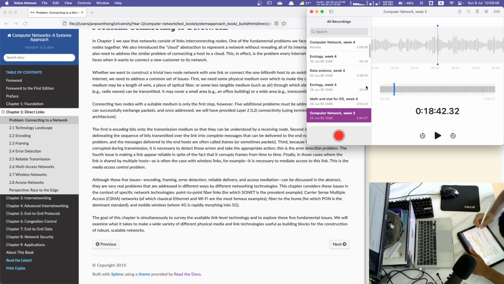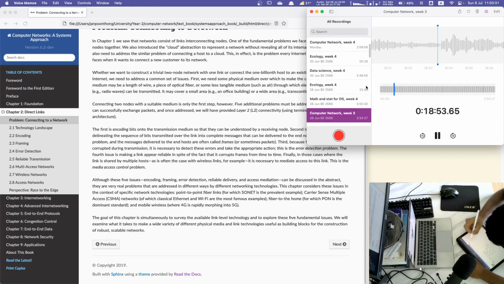So these are the five additional problems when you link a network using computers and link connections.